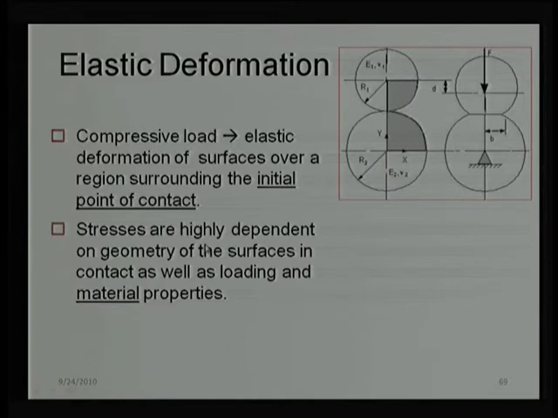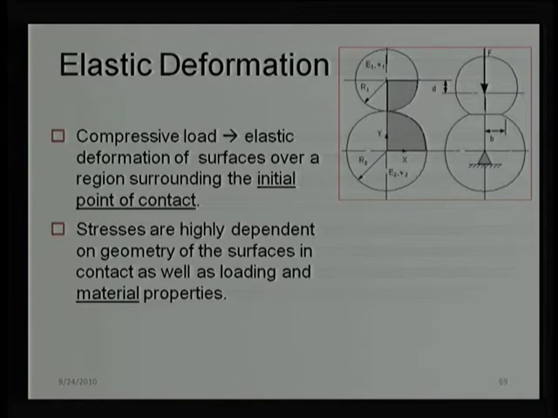Now, the second line of this slide says that stresses are highly dependent on the geometry of the surface. We can see here very clearly, here the geometry is a sphere over a sphere, but if we change sphere to cylinder on cylinder, we will find there will be different stresses. Geometry plays a very important role when we come to elastic deformation.